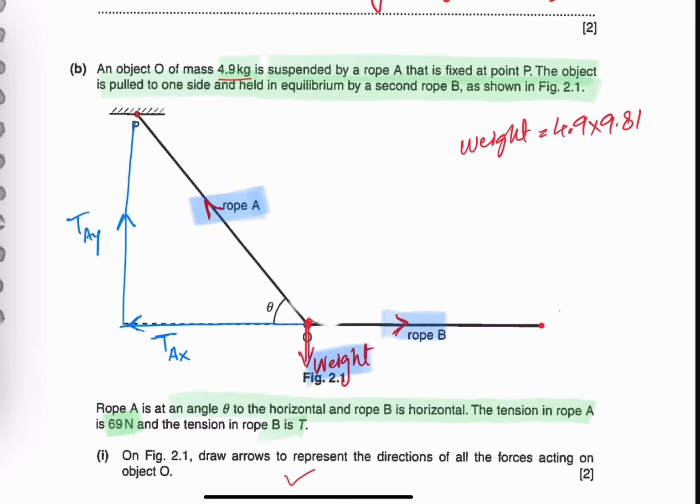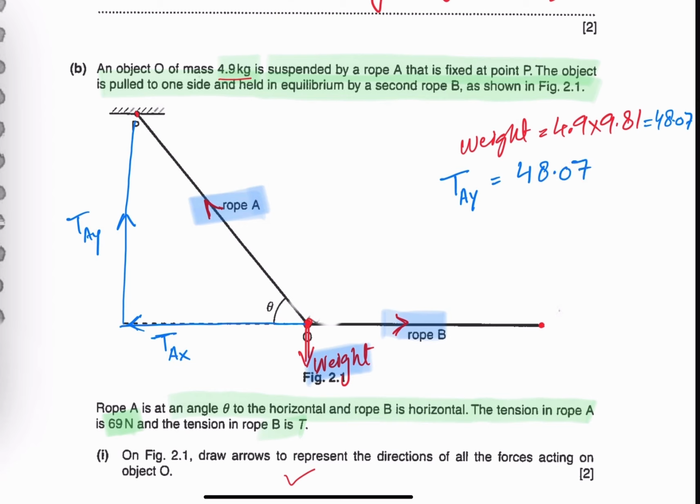For the equilibrium, the tension's Y component must equal the weight, and multiplying this gives 48.07.